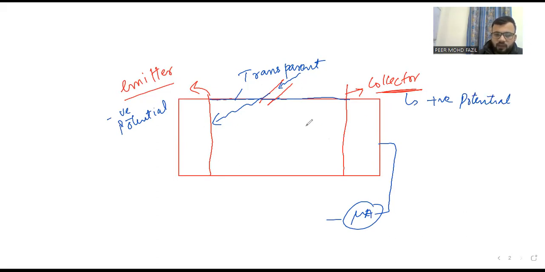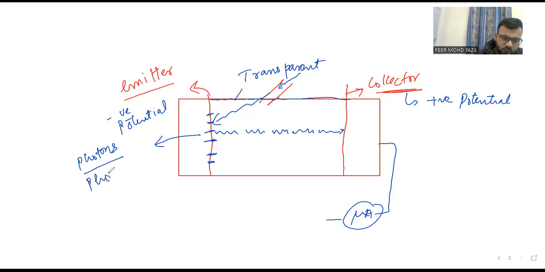Electrons being negatively charged, when they get knocked out from the emitter plate, will keep moving towards the collector plate. These electrons ejected from the emitter plate by photons are called photoelectrons.